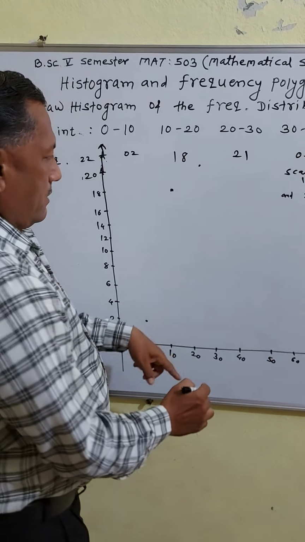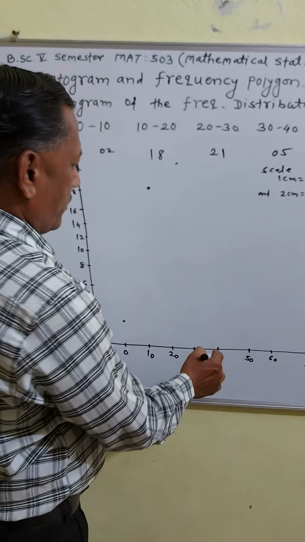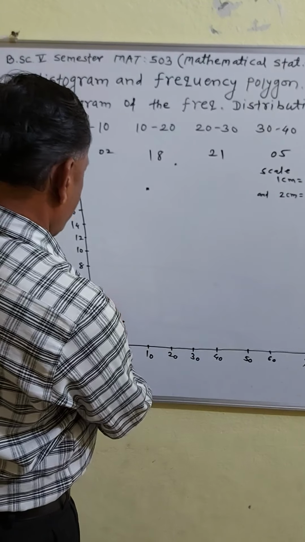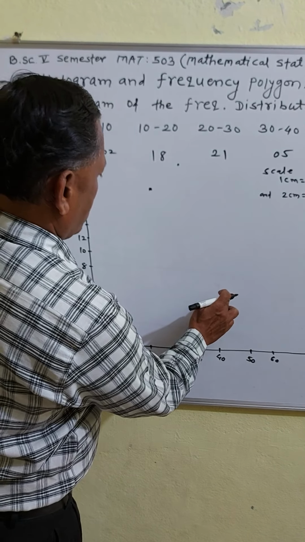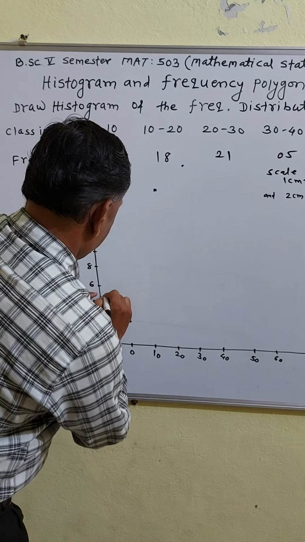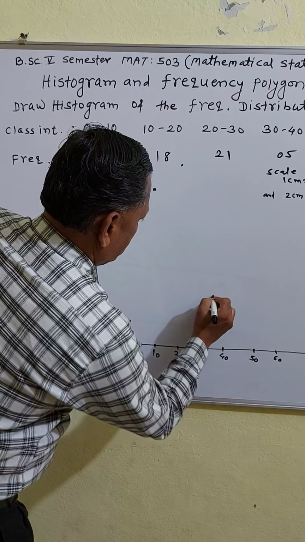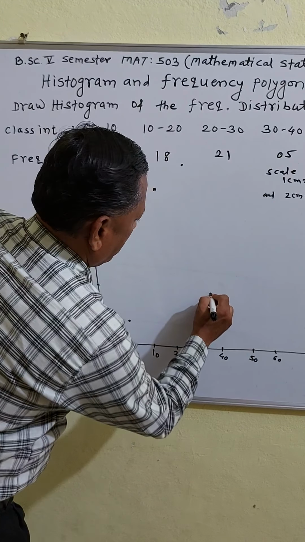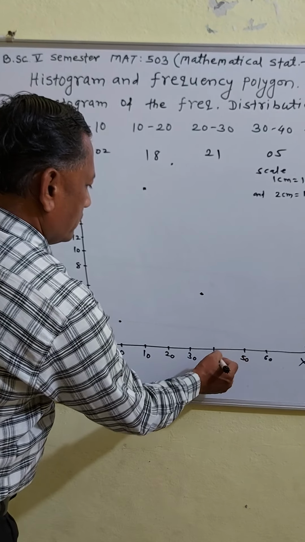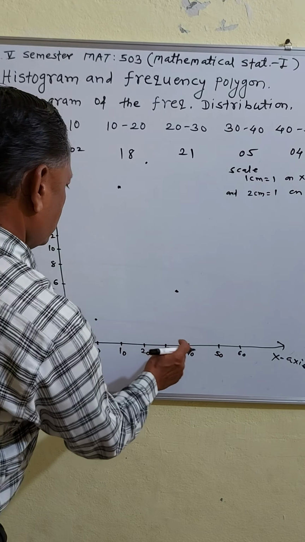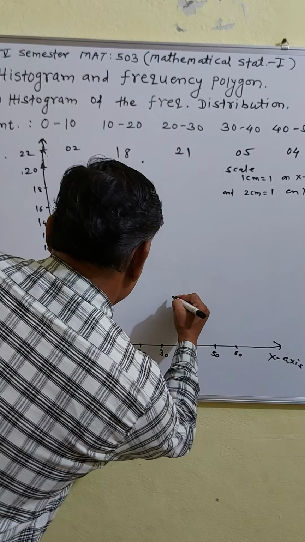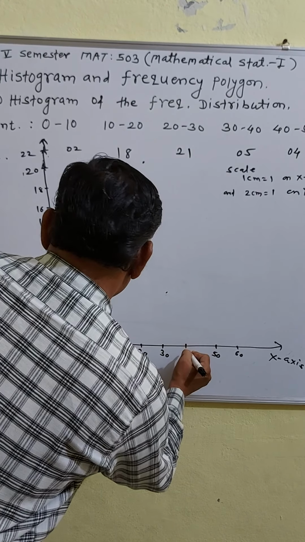And 30 to 40 is 5, here. And 40 to 50 is 4, and here 4.